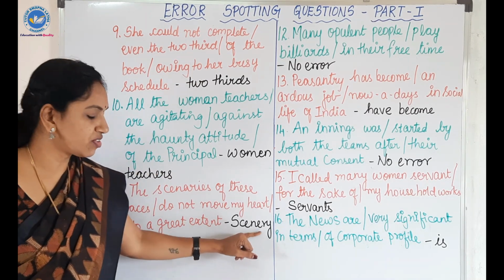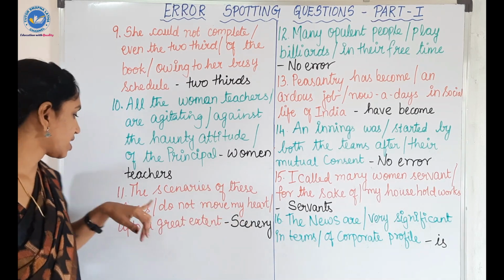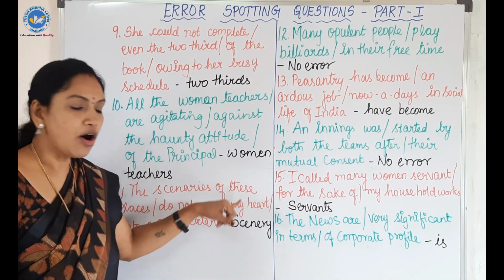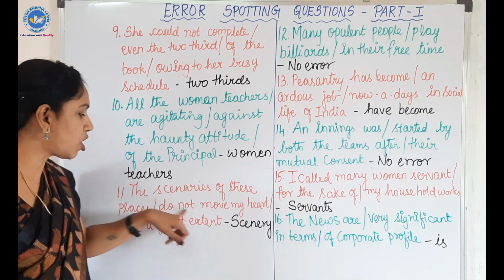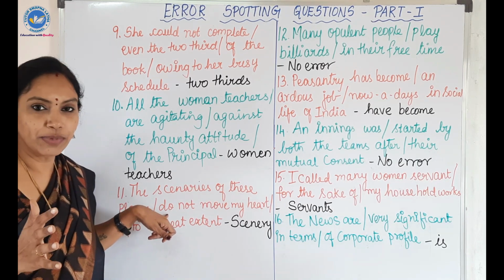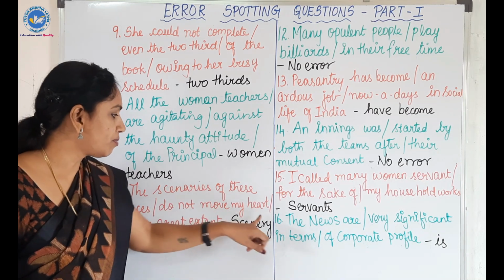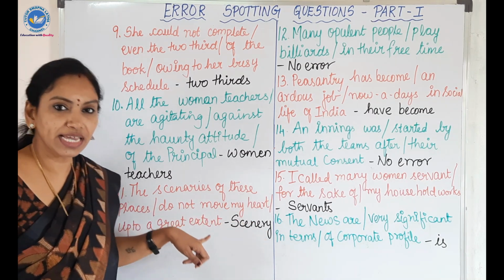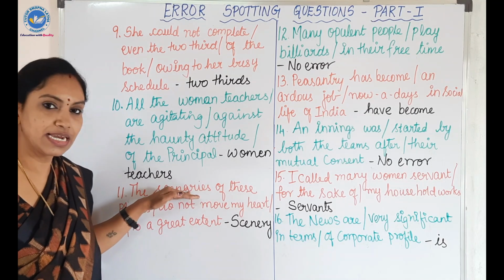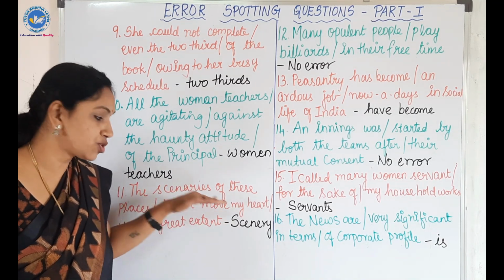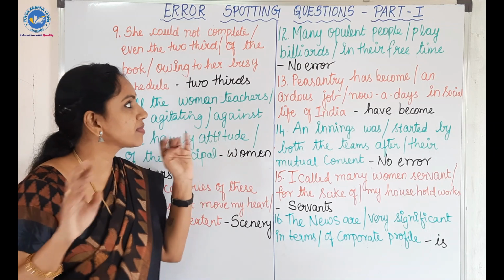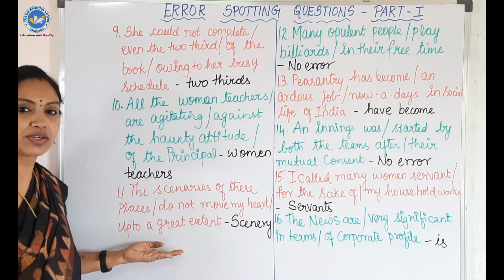Okay, so you have to write it as scenery. The scenery of these places does not, I'm not giving does not. I'm giving do not. This is singular. Do not move my heart up to a great extent. So definitely change sceneries to scenery. Okay. So this is your 11th question.